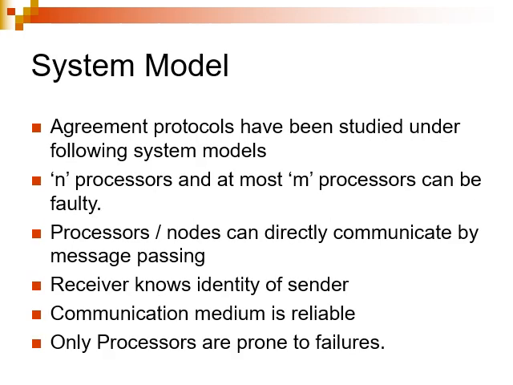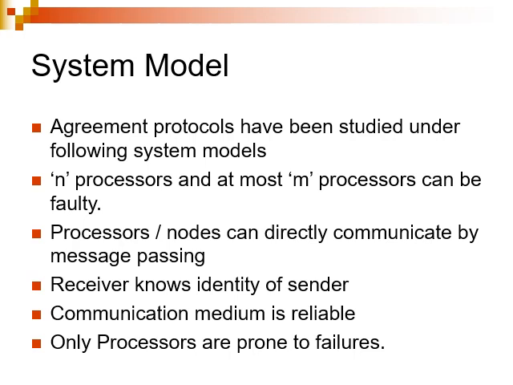What is the system model for agreement, or you can say consensus algorithm? Agreement protocols have been studied under the following system models. These agreement protocols are studied under some scenario, and that scenario consists of n processors, and out of these n processors, m processors can be faulty.